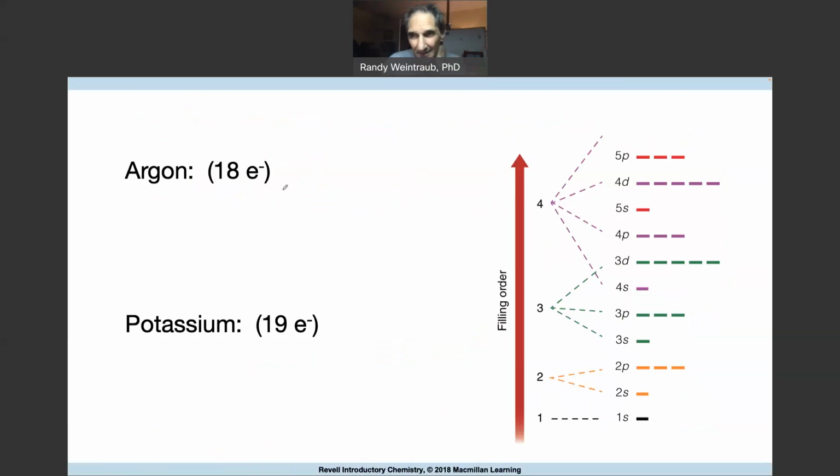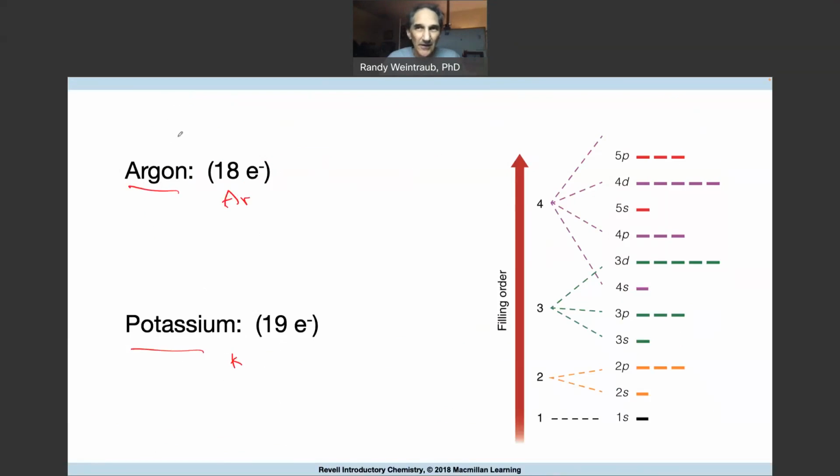So let's jump right in and pick 2 elements, argon and potassium. Potassium is K on our periodic table, argon is Ar. Locate them on the periodic table.